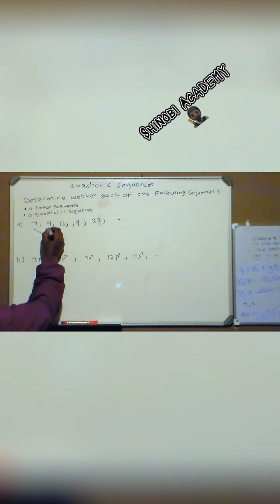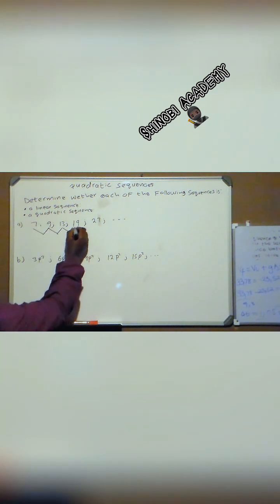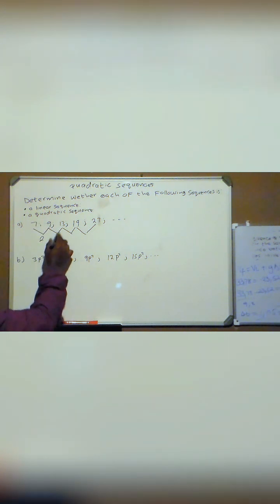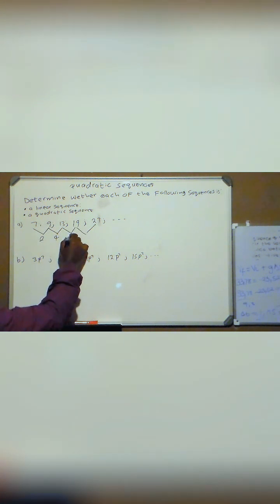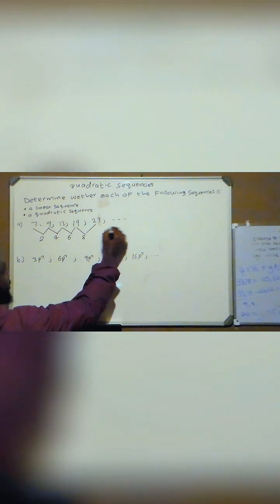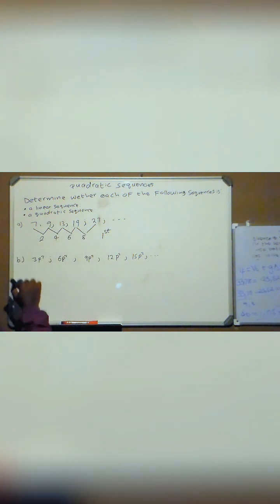So we have to look at the first difference of this sequence. So the first difference, 9 minus 7, we get a 2. 13 minus 9, we get 4. 19 minus 13, we get 6. 27 minus 19, we get 8. So the first difference did not give us a constant value.